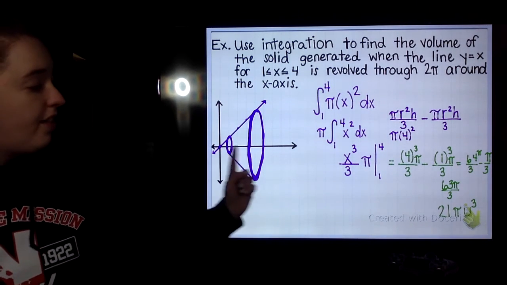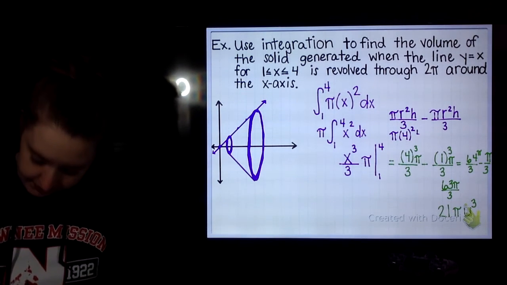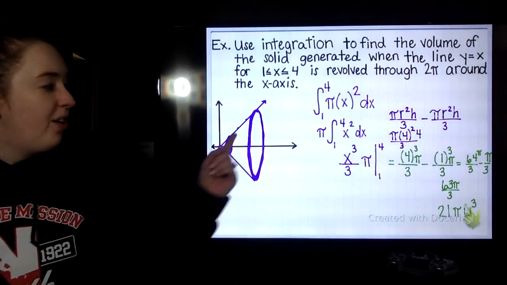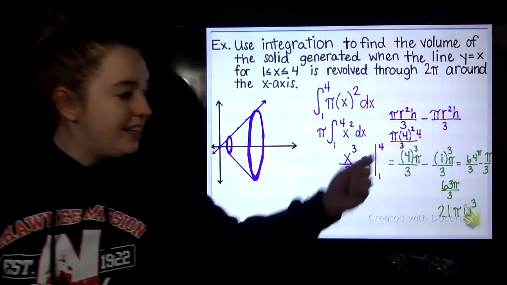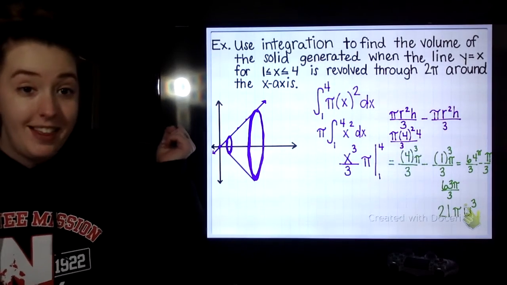The height of that cone from here to here is 4, and then that's divided by 3. Well, 4 squared times 4 is the same thing as 4 cubed, so that's really the same thing right there.